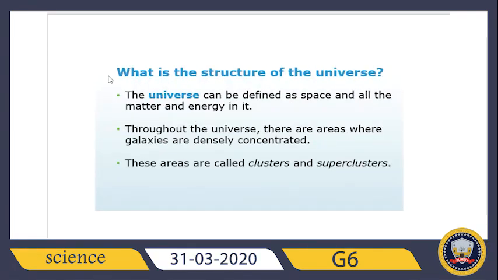Now let us see what the structure of the universe is. The universe can be defined as space and all the matter and energy in it. Throughout the universe, there are areas where galaxies are densely concentrated. These areas are called clusters and superclusters. What is the difference between clusters and superclusters?